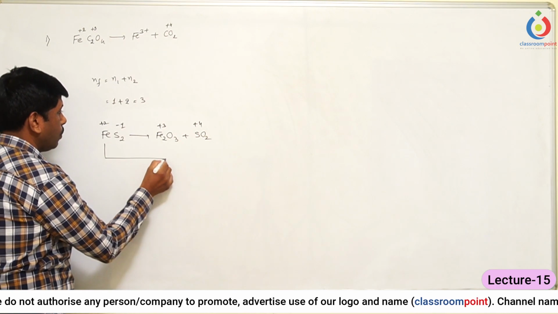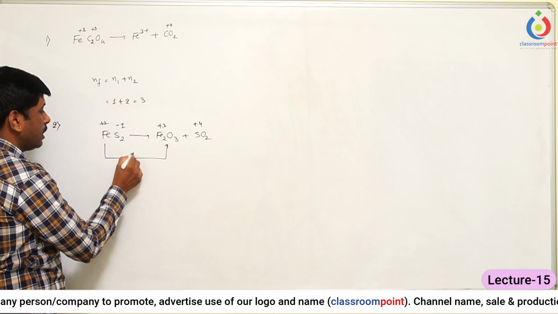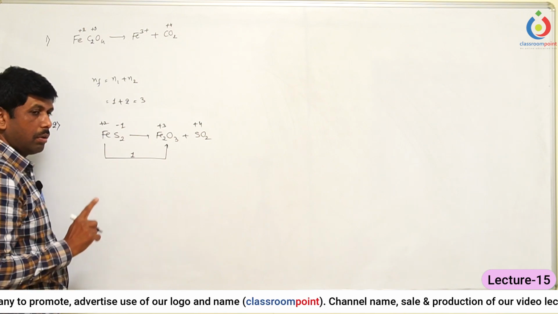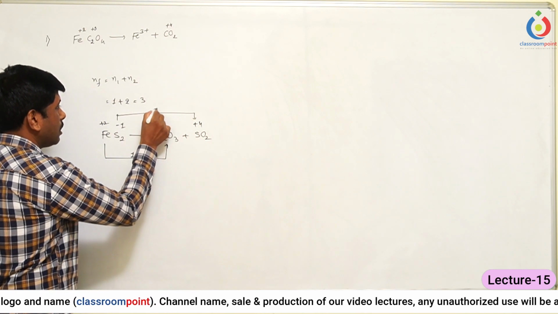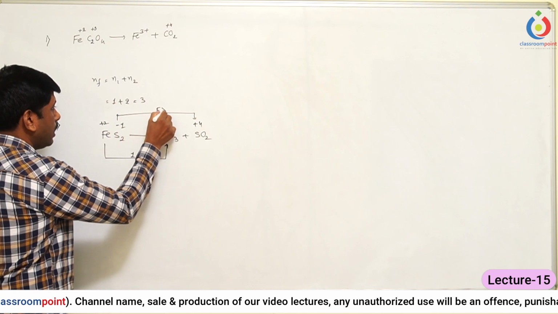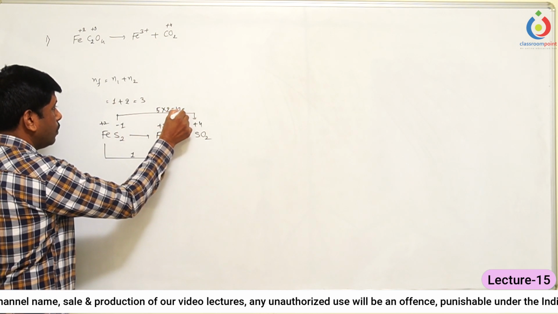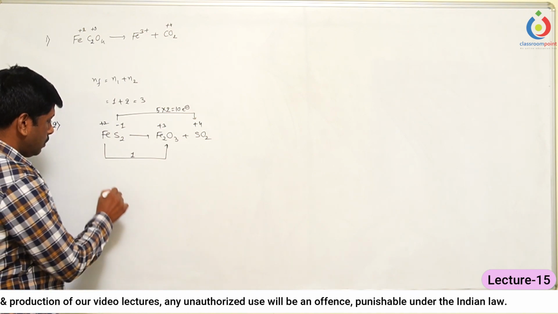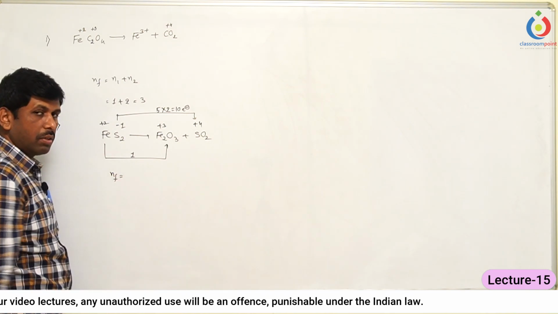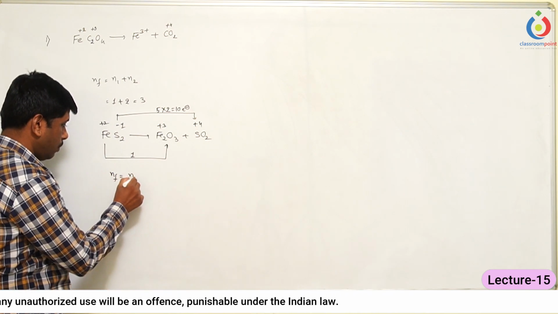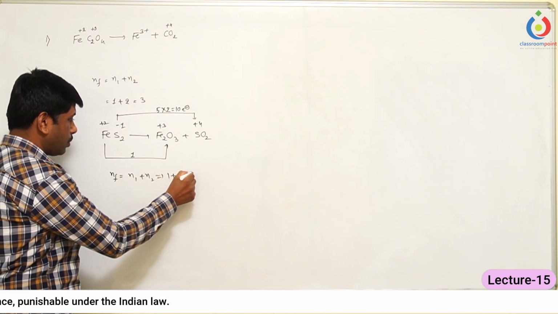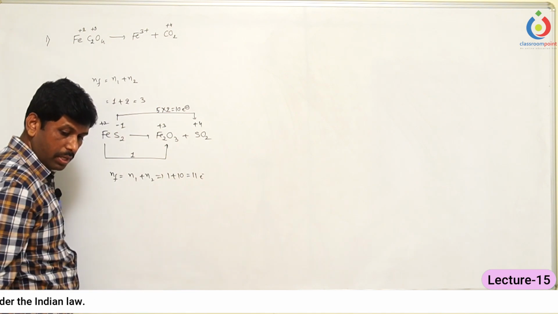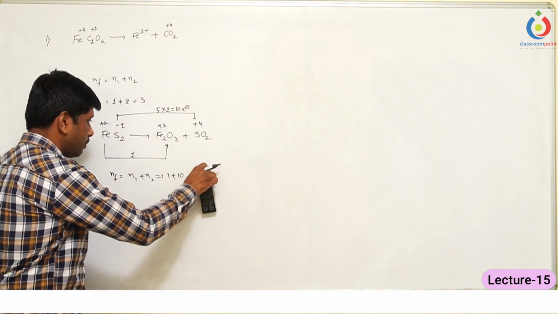So from here to here the iron oxidation state increased by only 1, and only 1 iron atom is present, and from here to here the value increased by 5, like the 2 are there, so 2 into 5 equals 10 electrons. Since both participate in the oxidation process, n factor equals n1 plus n2. So 1 plus 10 is equal to 11. 11 is the n factor here.